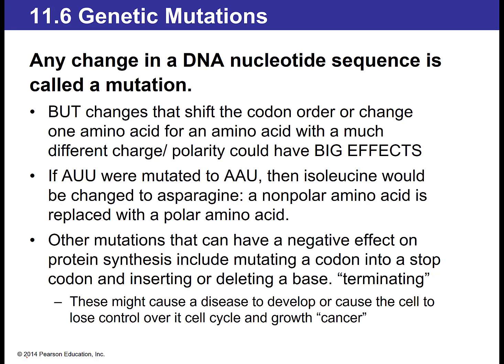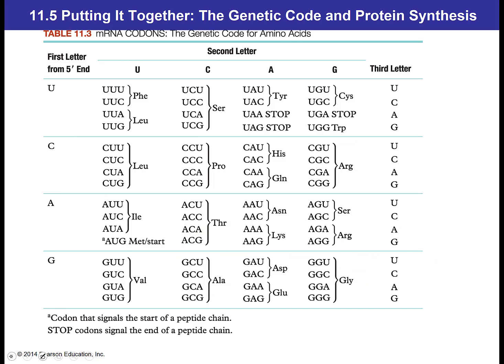But if it's in a gene, there's a couple of possibilities. If it's in a gene, it still could be silent. If, for example, and I do have to jump back right here. So if, for example, this is the RNA strand CUU, and there is a mutation so that you end up with CUG, is that going to change the amino acid?